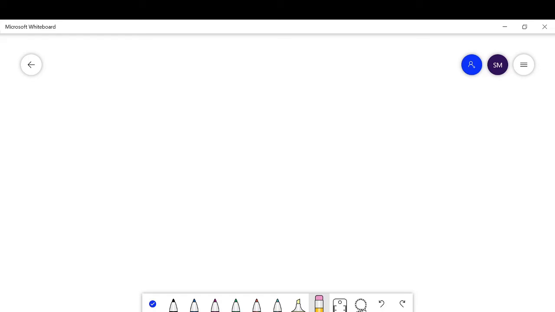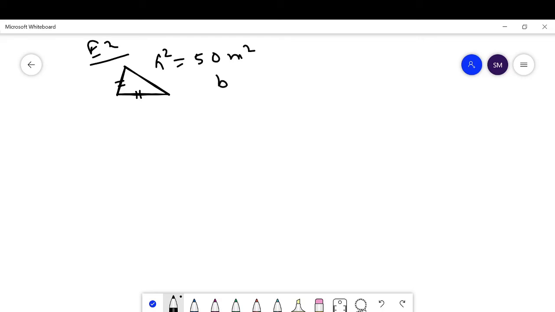Suppose ABC is a right angle triangle, and this is an isosceles right angle triangle. This side is equal to this side, and the question is given h square is equal to 50 meter square. Then B is equal to P, as this is an isosceles right triangle. Then we have to find out P equal to B and its length.